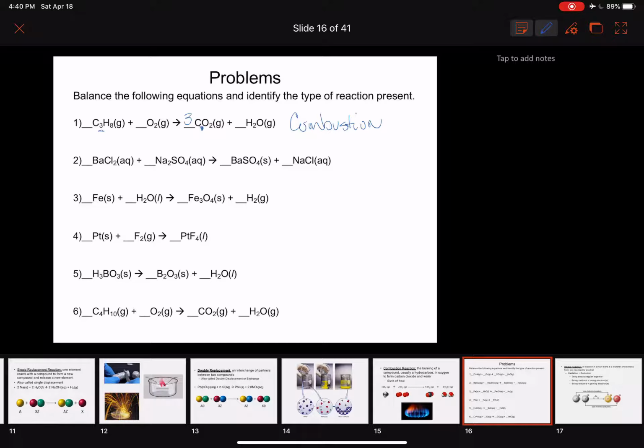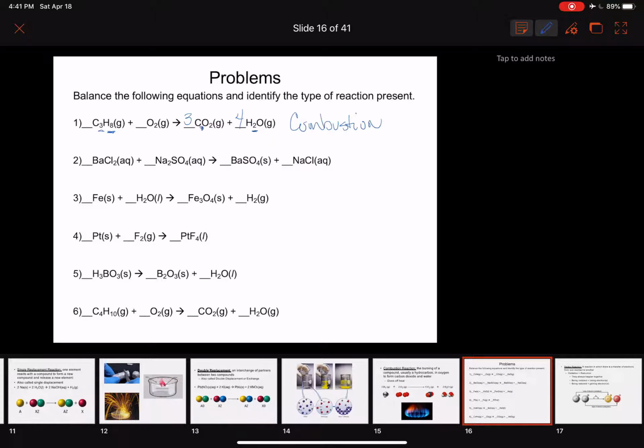Now we move on to hydrogen, and in propane we have 8 hydrogens. The molecule that's giving us hydrogen on the product side is water, and each water gives us 2 hydrogens. We need to have 8 on each side. So how many waters do you need in order to have 8 hydrogen atoms on the product side? 4.